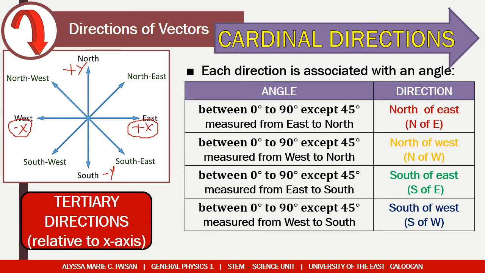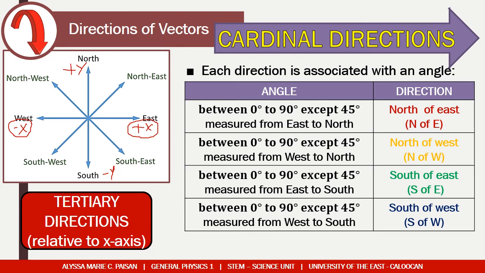But if it's not 45 and it's not 0 and it's not 90 degrees or it's not exactly on the north, on the east, on the south, on the west, you would see the word off. Okay? So if it's north of east, it's associated with angles between 0 to 90, except 45, measured from north to east. When we say relative to x-axis, it means this.